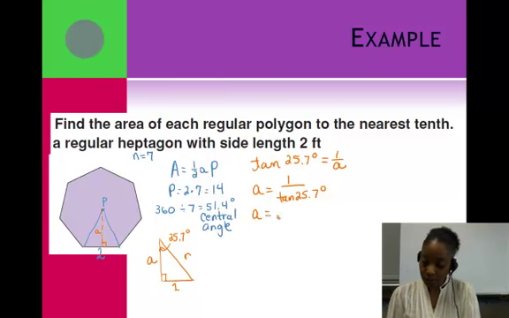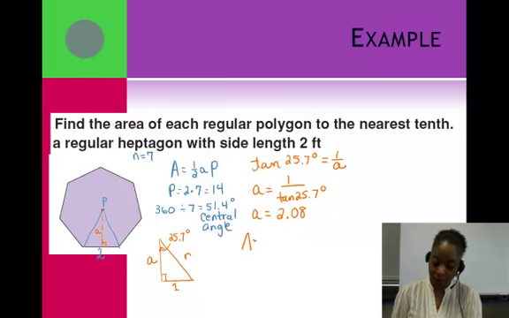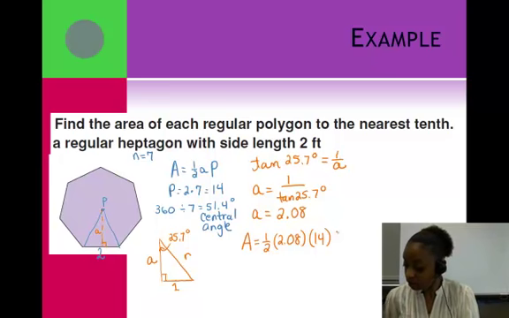And that gives me that the apothem is 2.08 units long. So now that I have my apothem, I can plug that in with my perimeter, and I can get the area is equal to 1/2 the apothem, which is 2.08, times the perimeter, which is 14. So 7 times that answer.